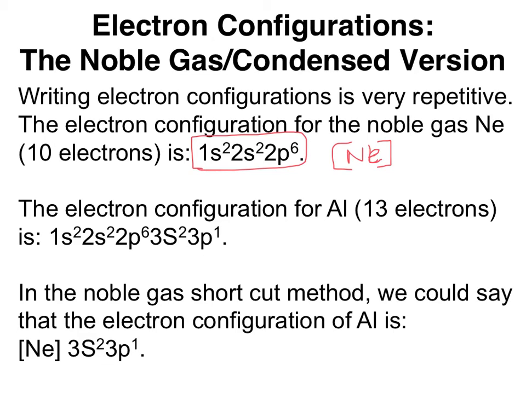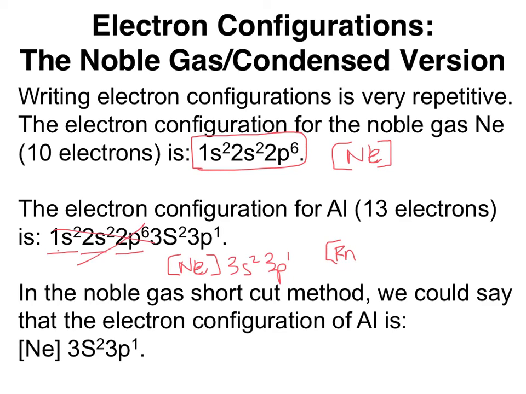Okay, so for example, aluminum has the 1s2, the 2s2, the 2p6. We can get rid of that part, plug in neon, and then write the rest of it, the 3s2 and the 3p1. Makes it a little bit shorter, especially if you did something like uranium. Instead of writing that out, I could have done radon.